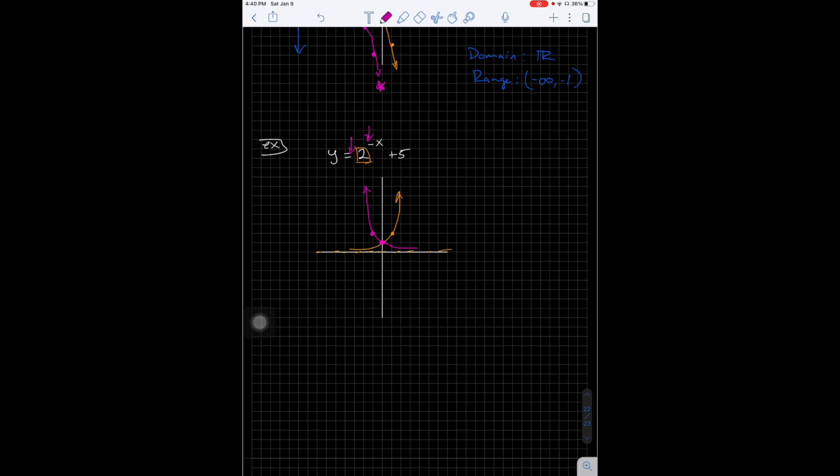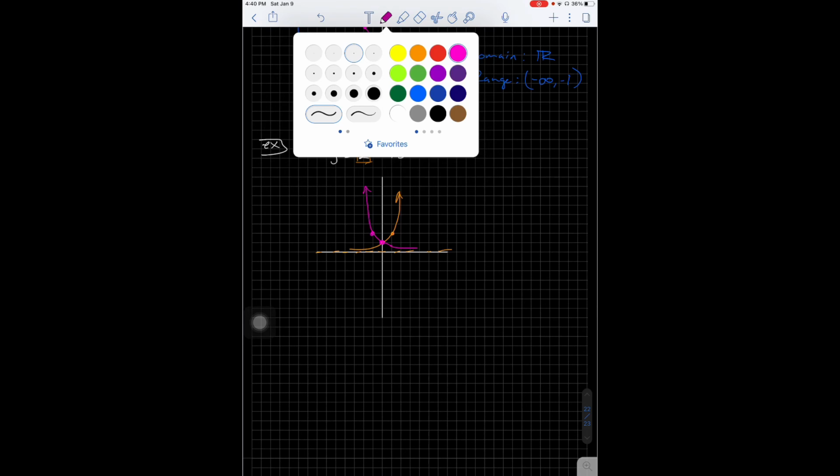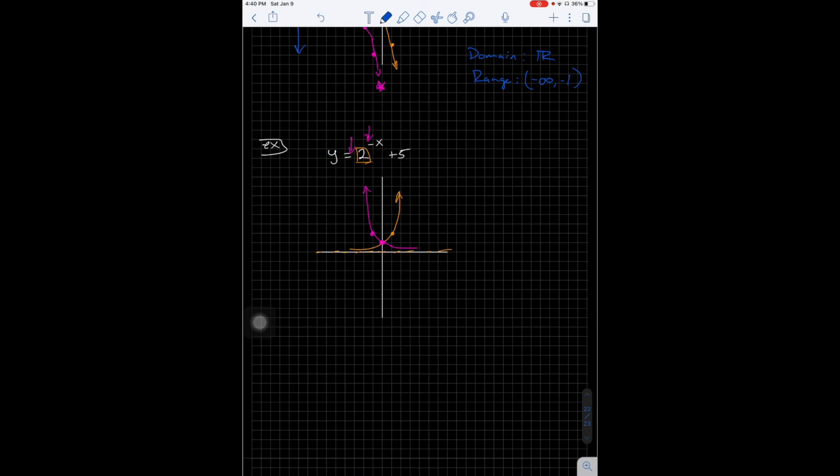Okay, so the pink graph is the flipped graph, and now I'm looking for shifts. So up 5, there's no number up here with the x, so there's no right or left, it's just an upshift. So I'm taking the pink graph and I'm shifting everything up 5.